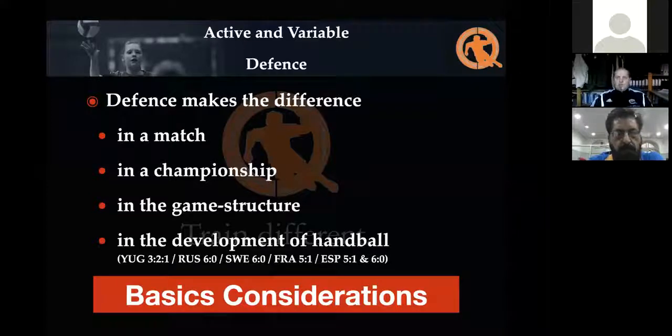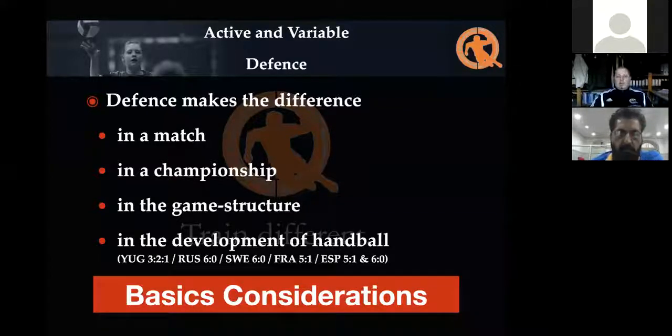And this is something which made the whole backcourt, all three of them, almost crazy. Then the Spanish and the Russian variation of 5-1 and now actually 6-0 defense came up. So always you could see there was a development in handball because of creative coaches. They found new ideas for how to defend, and this made the difference.